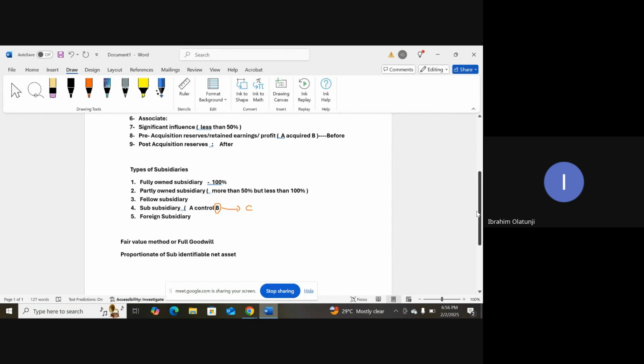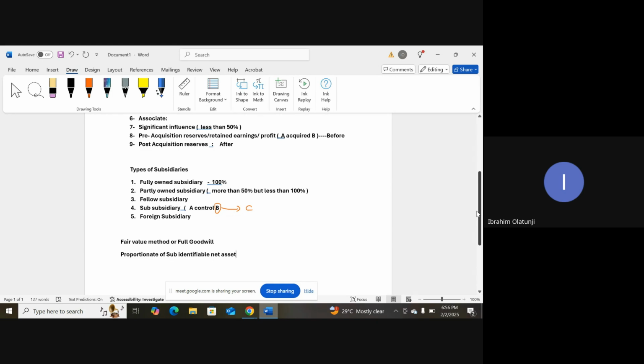So that is the second method. This will be given to you in the exam, whether the examiner wants you to use the fair value method or full goodwill to value your non-controlling interest, or the examiner wants you to use what we call proportionate of subsidiary identifiable net asset.